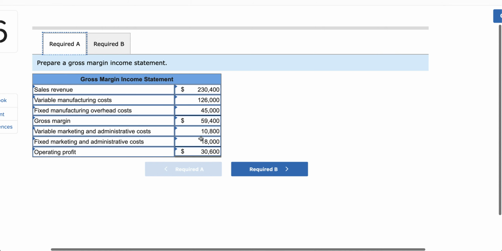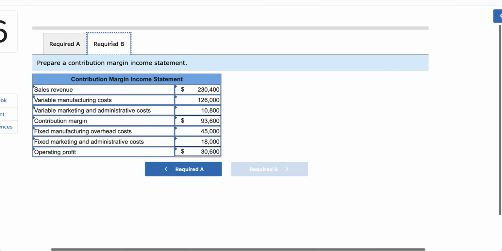But again, in looking at these two different ways of presenting the income statements, the requirement A, the gross margin method, is the method that is required by GAAP because it follows with the matching principle. The numbers that represent cost of goods sold are indicated here, and that is because you know by the matching principle that the cost related to or the expenses related to a sale have to be reported in that same period.